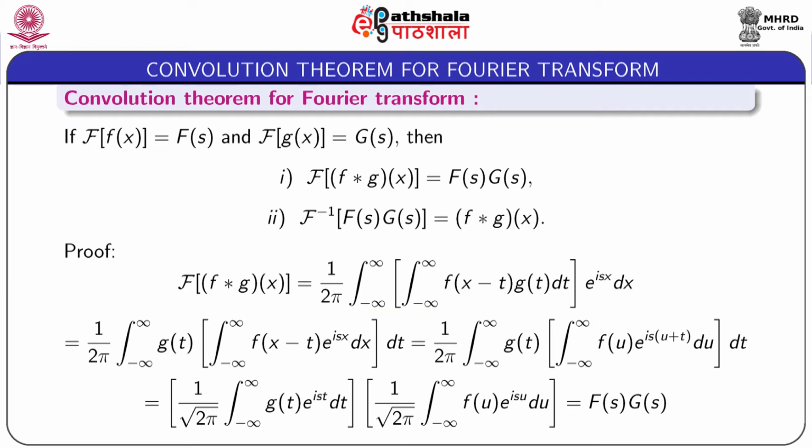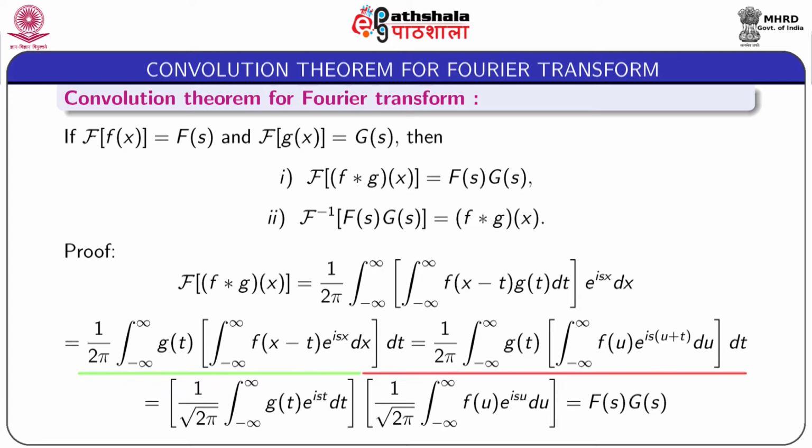Now we interchange the order of integration. We take the t integral as the outer integral and x integral as the inner integral, so that we get Fourier transform of f star g equal to 1 by 2 pi integral minus infinity to plus infinity g(t) dt integral minus infinity to plus infinity f(x minus t) e to the power i s x dx.